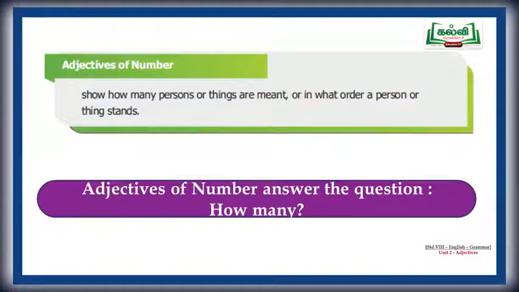Now the third type is adjectives of number. It shows how many persons or things are meant, or in what order a person or thing stands. We can say in another way that adjectives of number answer the question how many, that is an exact number or it may be in order.